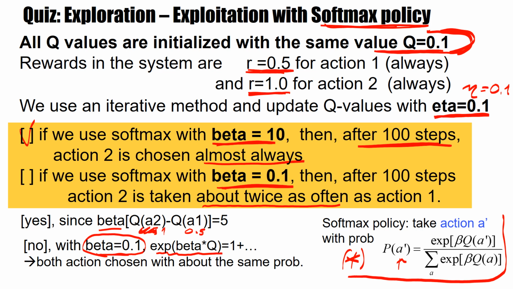So this is 1 plus, and then we do the expansion, beta delta Q plus, and so forth. So it will not be twice as much, it will be just slightly more. They will be taken with about the same probability.